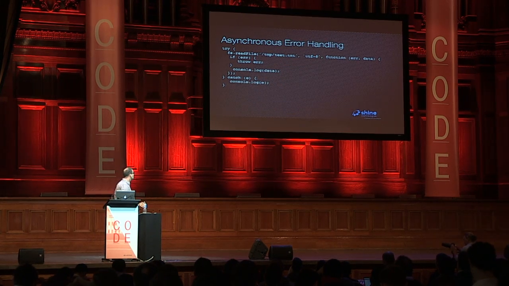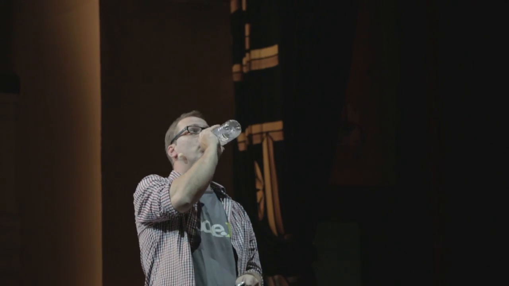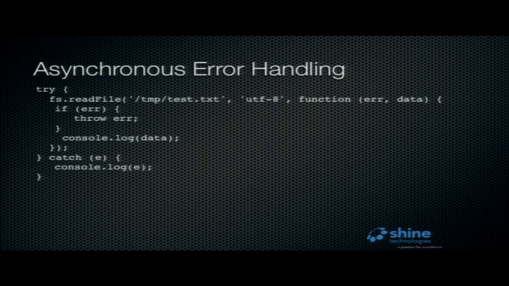Now let's look at asynchronous error handling. This is something that you may be tempted to do that seems to make sense at first. We have an asynchronous operation readFile that takes our callback function. The callback function has an error object, and if the error object is set, the asynchronous function failed, and we may be tempted to throw an error, and to put a try-catch block around the fs.readFile in order to catch that error.